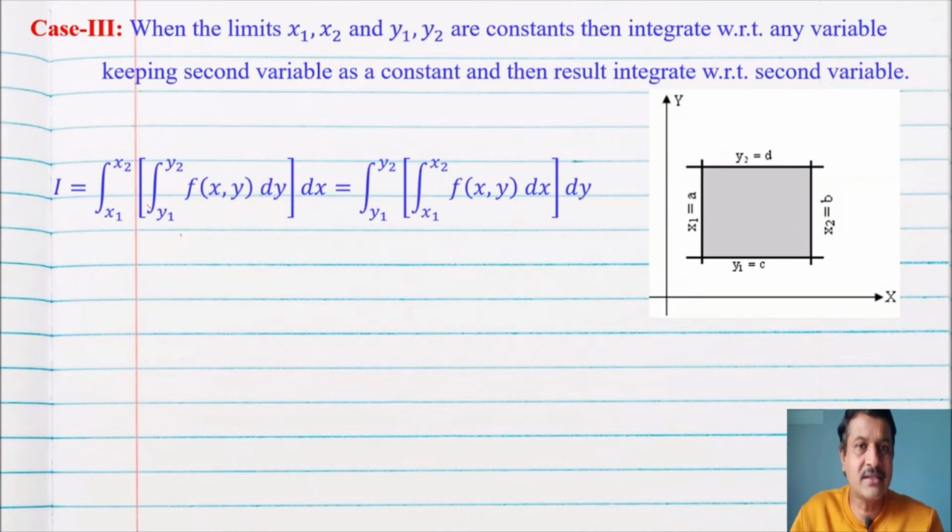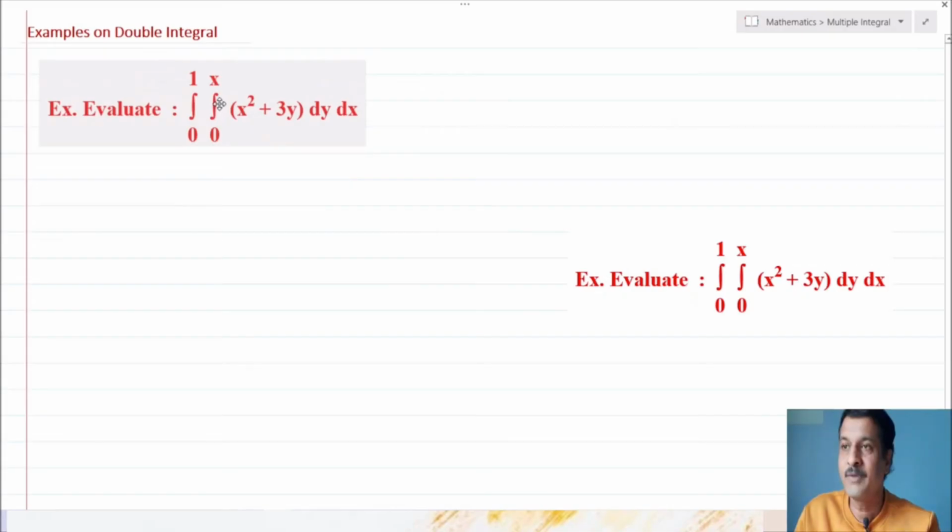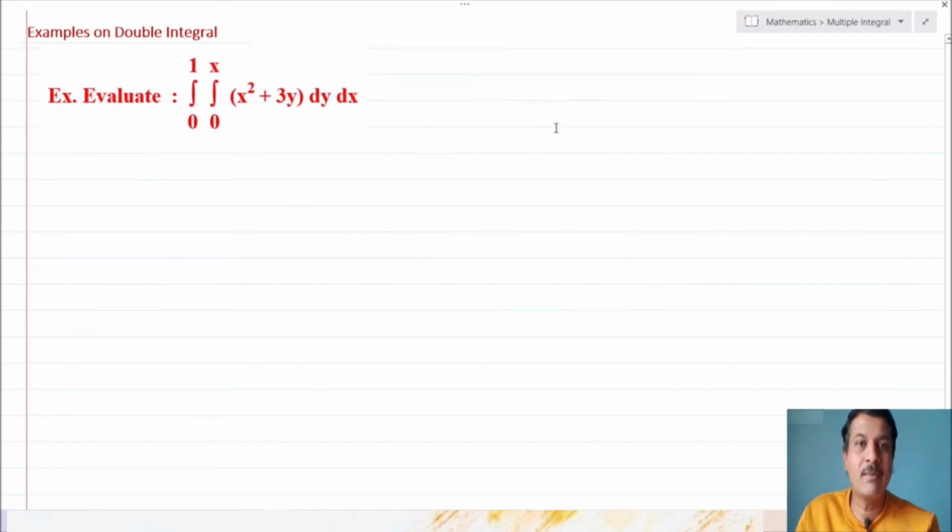So let's consider some examples on it, so it will be more clear. Now consider the example on double integration. Remember, in double integration there are 4 types of examples. First, very simple: limits are given, directly evaluate by the sequence.